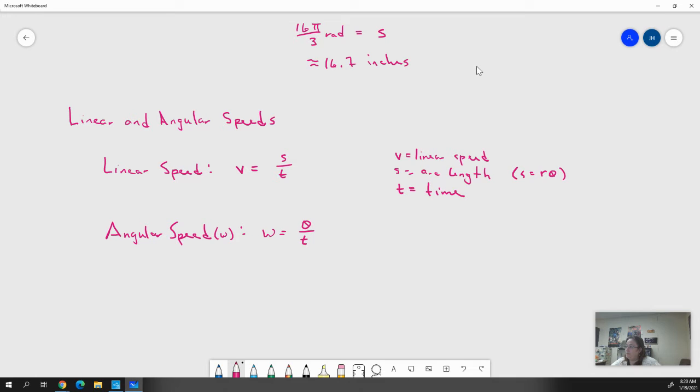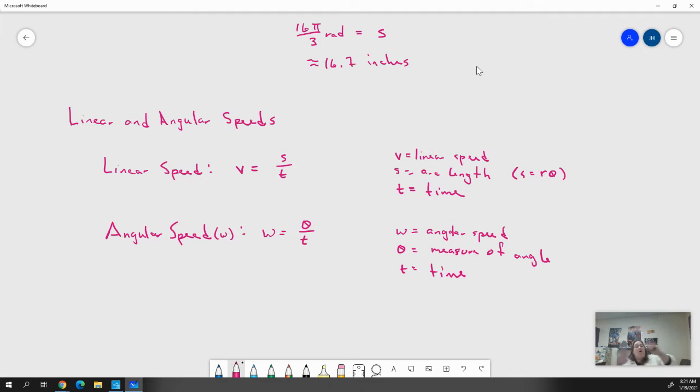So W is our angular speed, theta is the measure of the angle itself that we're working on, and T again is time.